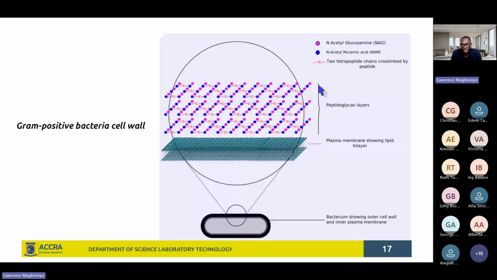And for the peptidoglycan layers, you see there is a key here that we can look at to see what these things mean. So the pink circles there are N-acetylglucosamine molecules, and the blue are N-acetylmuramic acid.